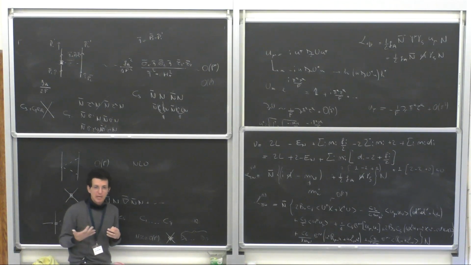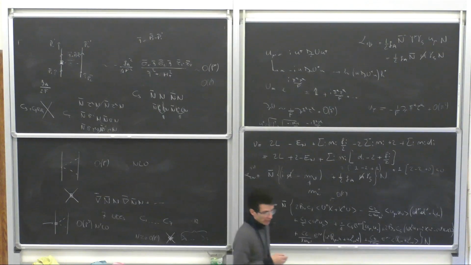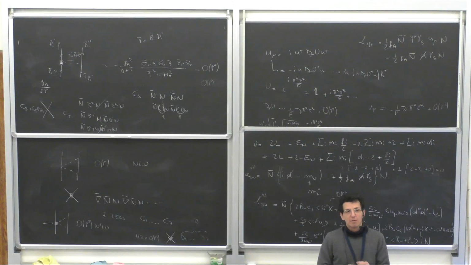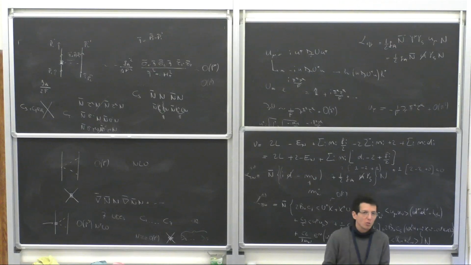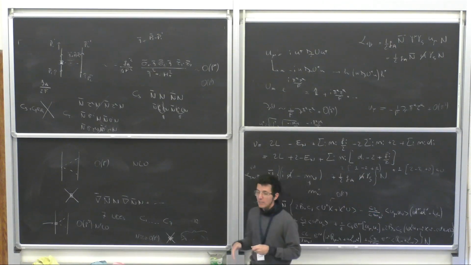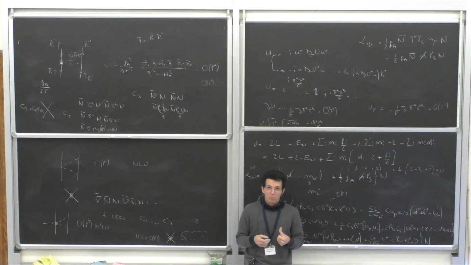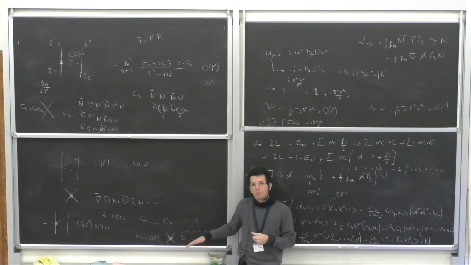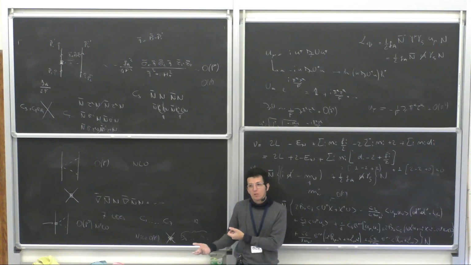And at N3LO, people have developed potentials that give a chi-square over thousands of nucleon scattering phase shifts of order 1. So they become realistic potentials at N3LO, like phenomenological potentials, like AV18, for instance. The difference is that in some sense it is microscopic. Also, you could say that they become realistic simply because you have more parameters to adjust.